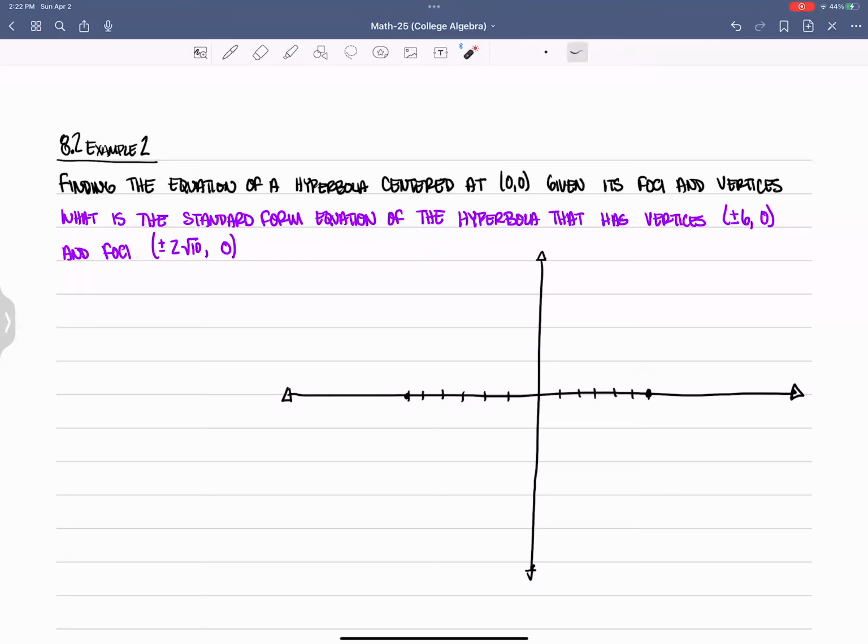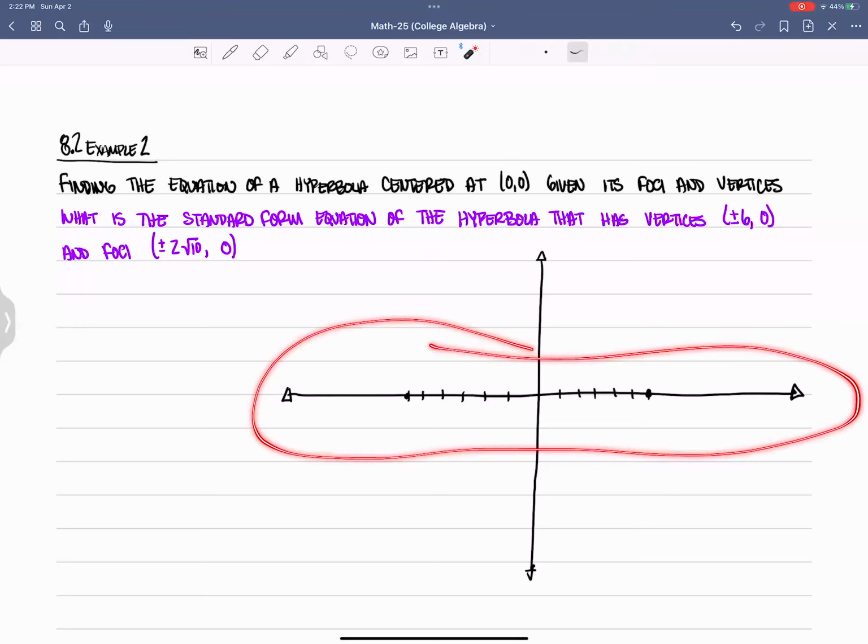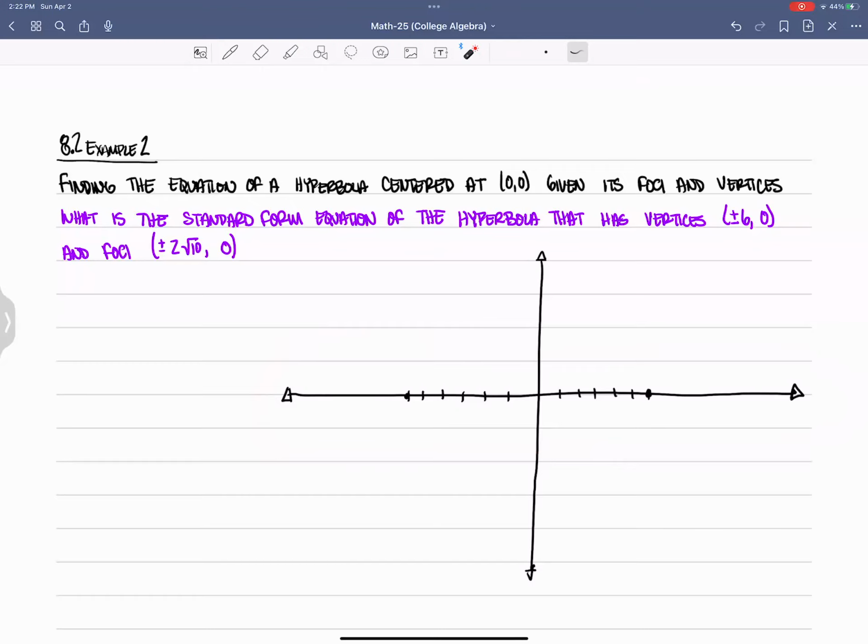So based on that, we know that our major axis is going to be the x-axis. So that tells us that we're going to be in the form of (x minus h) squared over a squared minus (y minus k) squared over b squared equals 1.